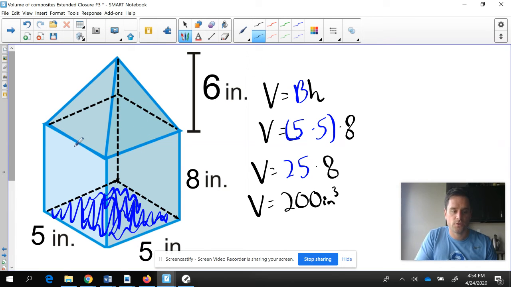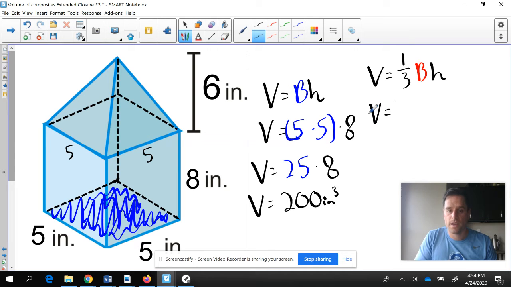And this is where it gets a little tricky because you got to remember what the formula for a pyramid is. And if you remember, it should be volume equals 1/3 the area of the base times the height. We use big B for the area of the base, not the base. It's not the base, people. It's the area of the base.